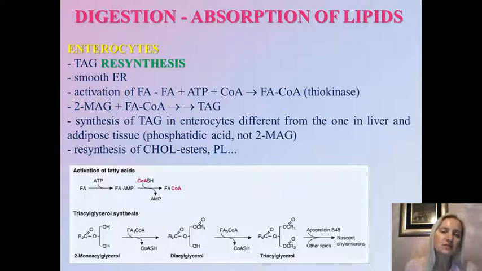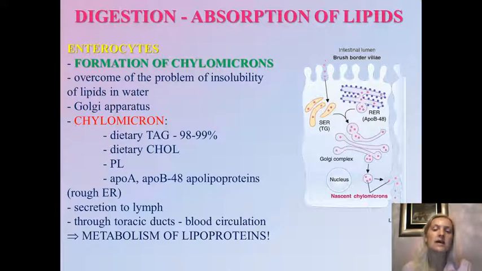Apart from the resynthesis of 3-acylglycerol, resynthesis of cholesterol esters and phospholipids also occurs, and now all those resynthesized lipid molecules can be incorporated into the first type of lipoprotein particles, which are chylomicrons. If you remember our general biochemistry part, we discussed those lipoprotein particles, and we mentioned that the main role of their formation is to overcome the problem of high insolubility of lipids in water.